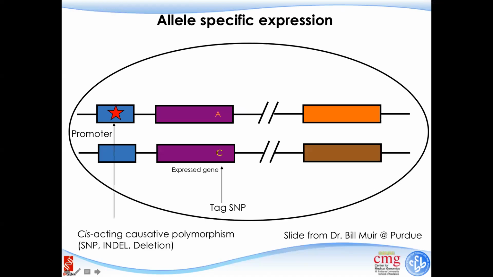It can also be caused by different reasons. First, definitely something happening on the gene body. The trans part can cause different expression, like different methylation levels, and also something happening on the promoter region. The difference of the 2 alleles may result in different allele-specific expression.